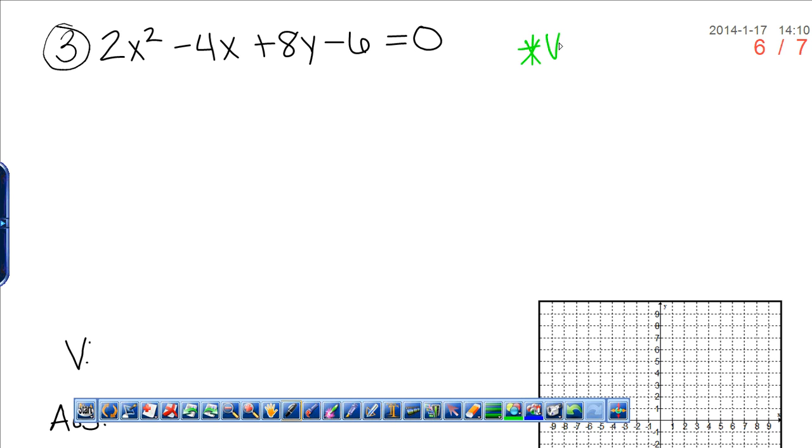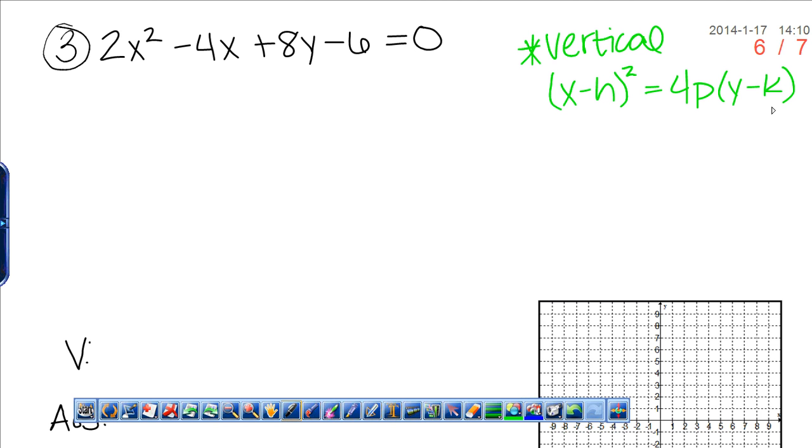We got to get it into standard form, though. So it's always important to know what your goal is. So look at the equation of all your vertical parabolas on your formula chart. They should always be set up: (x minus h) squared equals 4p times (y minus k). So that's our goal.